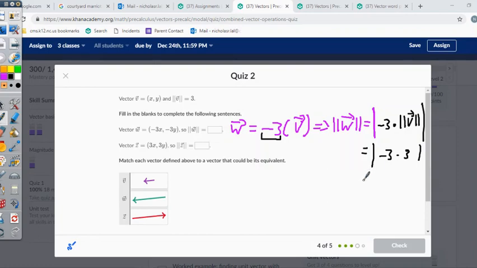Negative 3 times positive 3 is 9, so that's going to be equal to the absolute value of negative 9, which is going to be equal to 9. So our magnitude is 9.